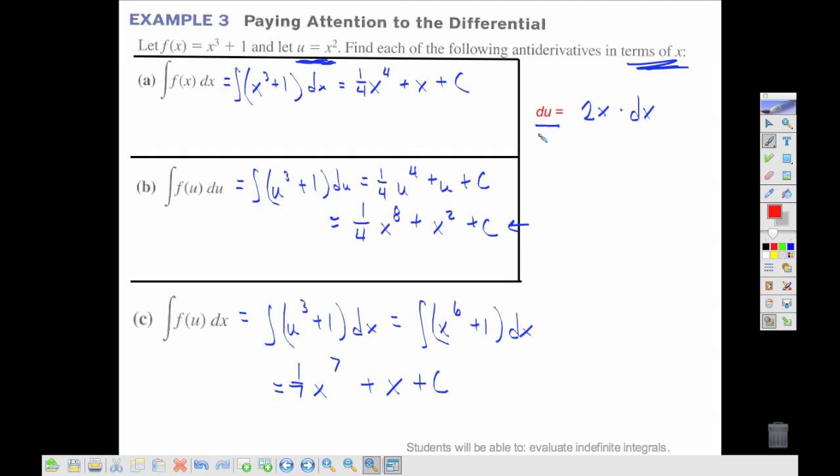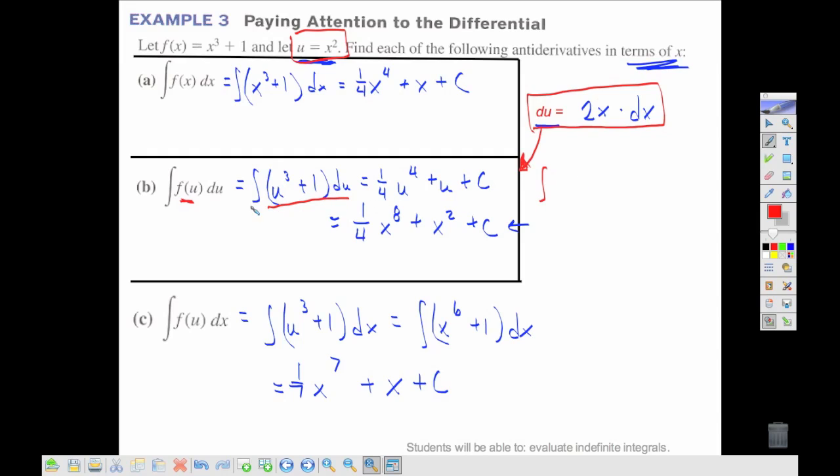Now you'll notice I didn't do anything with this du is equal to 2x dx yet. Remember again, that came from looking at how u is related to x. Now where that could come into play is if I chose to do a different kind of substitution here. Like let's say with this one, we chose to do this with respect to x instead. We need to do some substitutions. I could do that if I plug in everything.